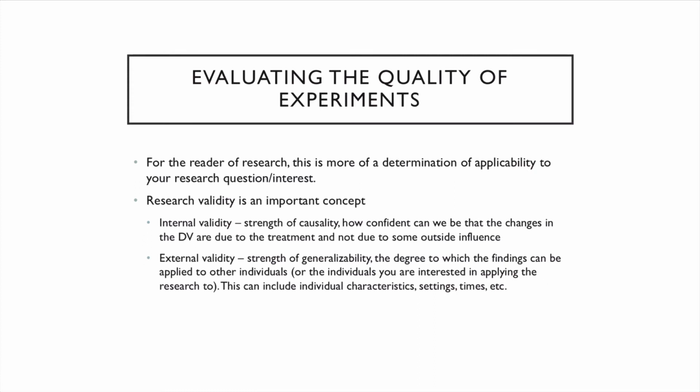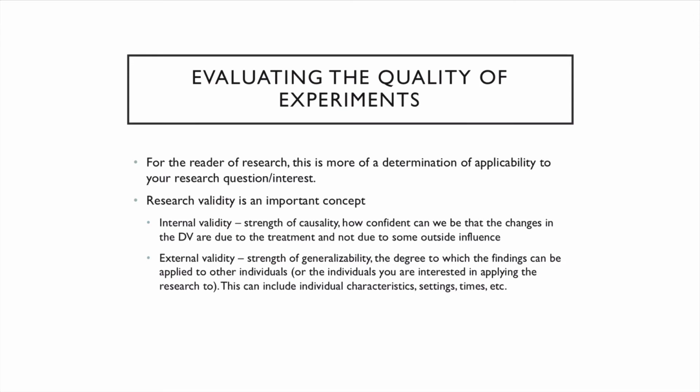If we find a study in a peer-reviewed journal, we can be fairly confident that they have followed high-quality design techniques, they've used the appropriate statistics, and so on when testing their hypothesis. But still, when we read these articles, we need to make sure that they're quality, but more so determine the applicability of the research to our research question or research interests.